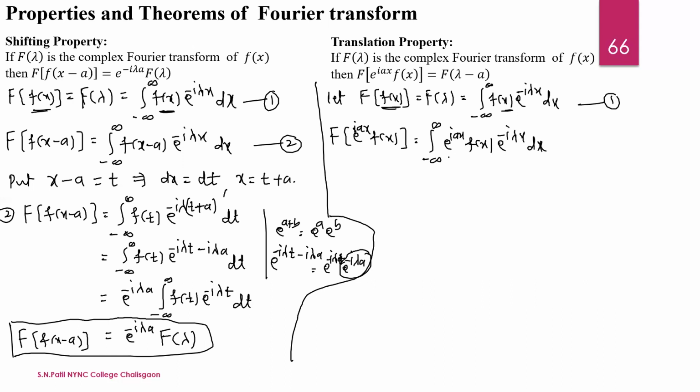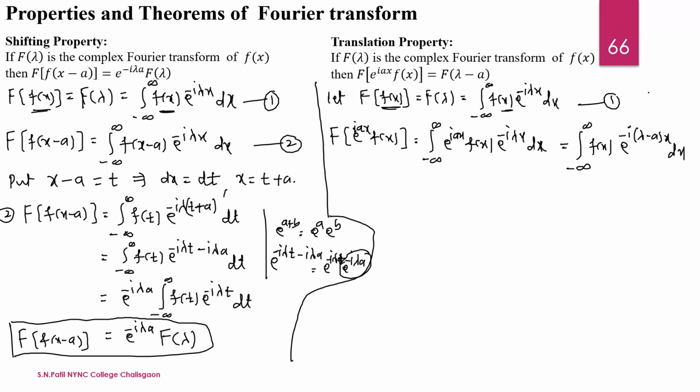Now we simplify the exponential function. Base is the same, addition of powers. That is, it can be written as the integral from minus infinity to plus infinity f of x e to the power, now here we take minus i common, and x common, then what is the remaining term here? Lambda is remaining, minus a is remaining, x dx.